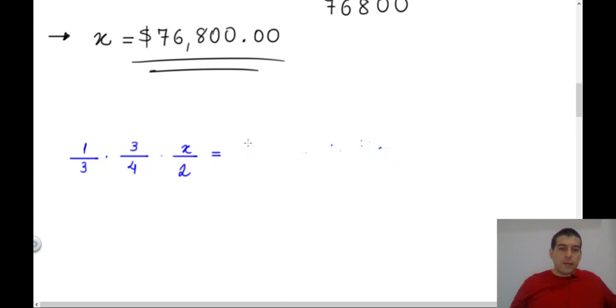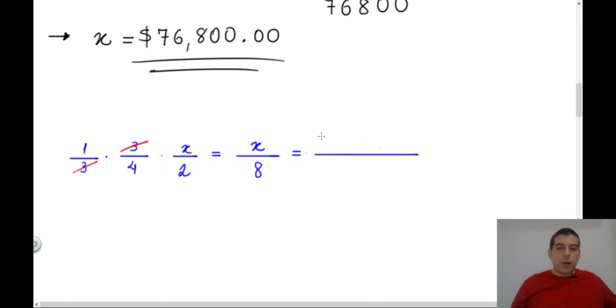Okay, let me erase this. And as you can see here, in this product, I can cancel out the 3 in the denominator with this 3 in the numerator. And if I multiply X times 1, it will be X. And I have here 4 times 2, that will be 8. So the quantity received by each brother will be equal to X divided by 8.